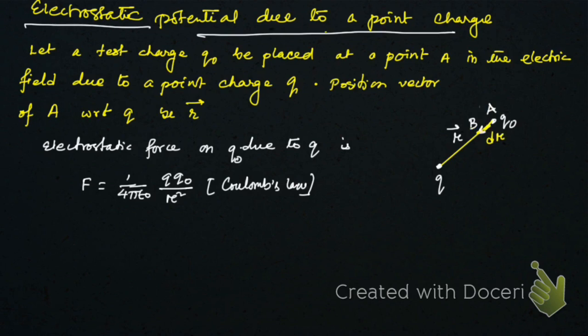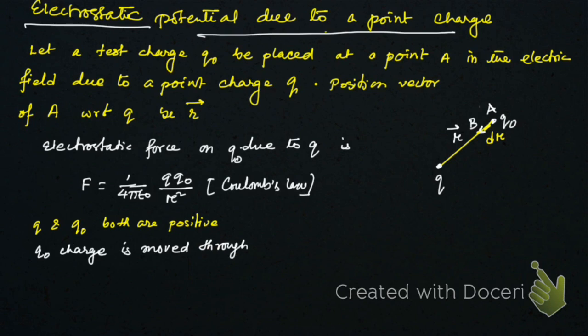Now let us consider these two charges Q and Q naught, both are positive. Suppose this Q naught charge is moved through a very small distance dr radially.